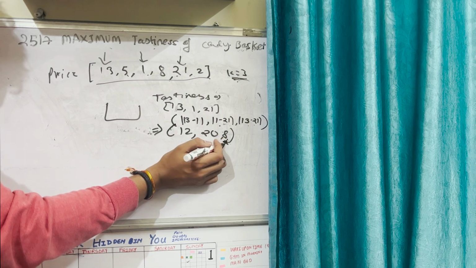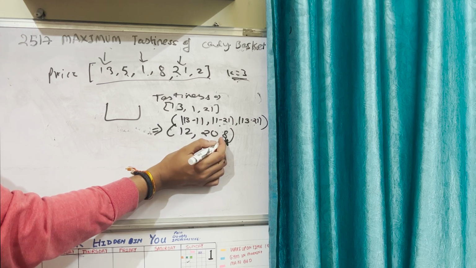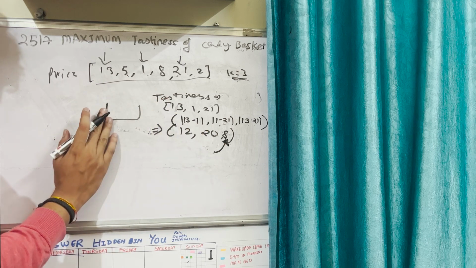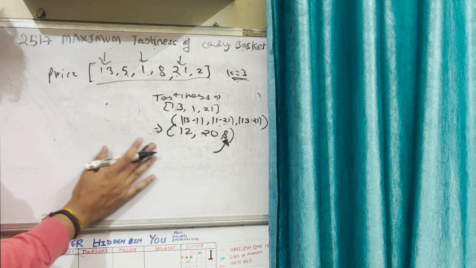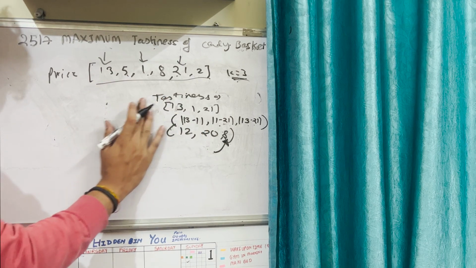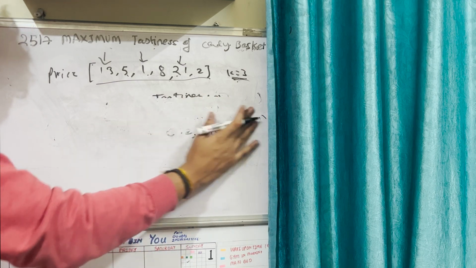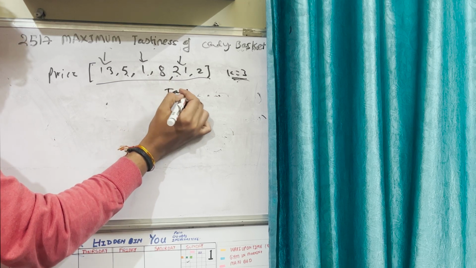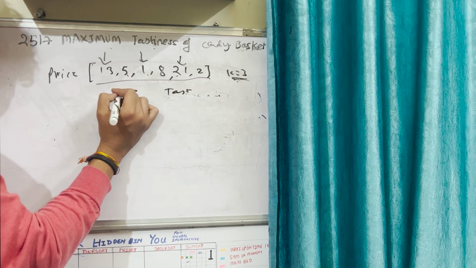What you basically have to do is maximize this thing. For example, if you take a different type of candies in your basket, let me give you another example. The tastiness last time was 8, as I told.